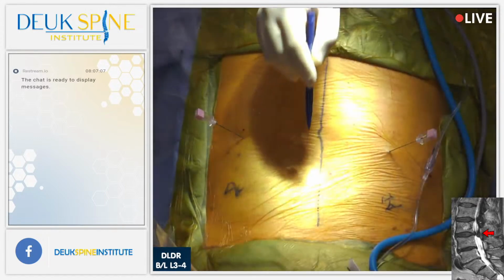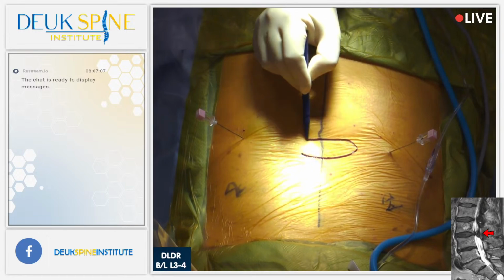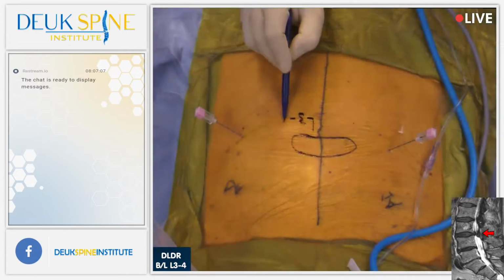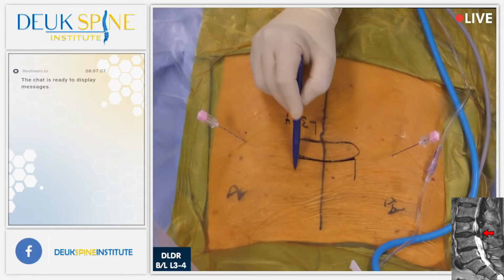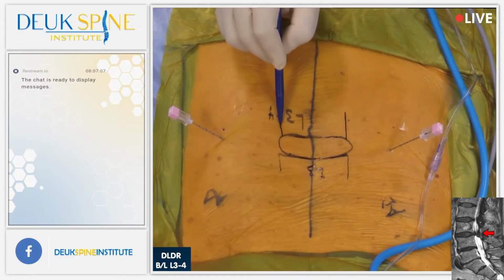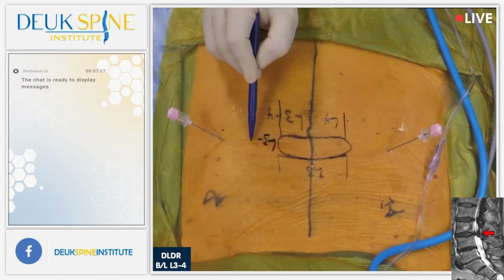Now, I'm just going to show you what I'm talking about. He's got the L3-4 disc right here. Remember, the disc is the cushion between the bones. This would be the L3 bone, and below that would be the L4 bone, and this is the L3-4 disc.